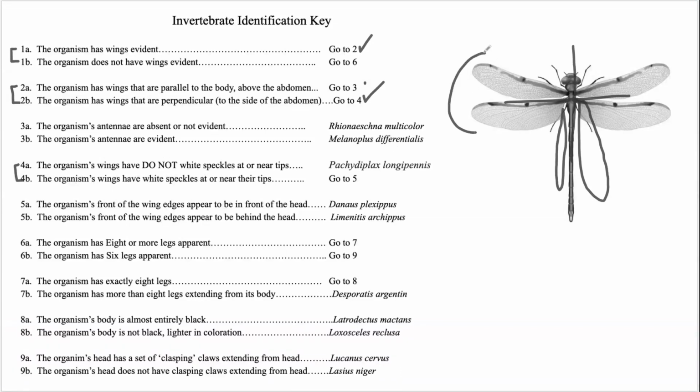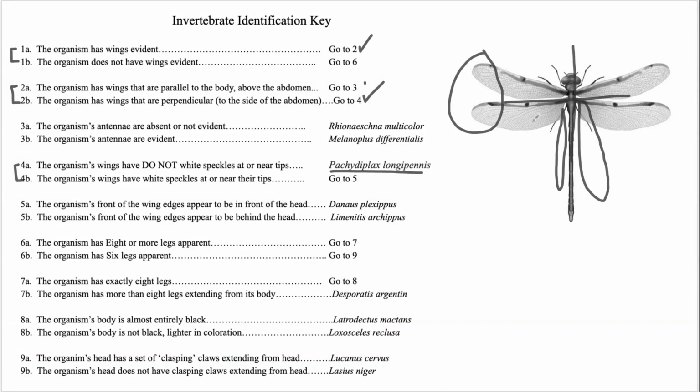Do you notice any white speckles out here towards the tips? I do not. So this organism right here is Pachydiplax longipennis. Don't worry so much about how the Latin works out, we don't need to know Latin.